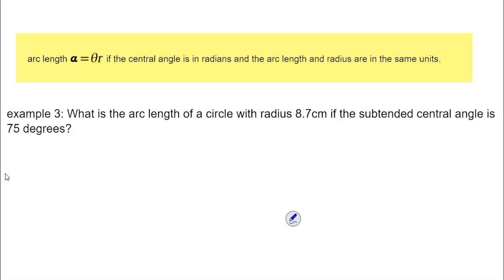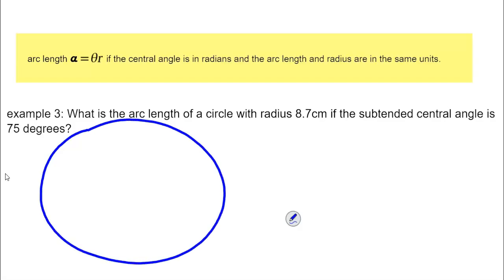So we're going to do this example here together. You can see, what is the arc length of a circle with a radius of 8.7 centimeters if the subtended central angle is 75 degrees? All right, so we can draw that pretty easily. We have a circle, and this isn't exact, but it's a good one. And we have our initial arm, and from our center, 75 degrees.